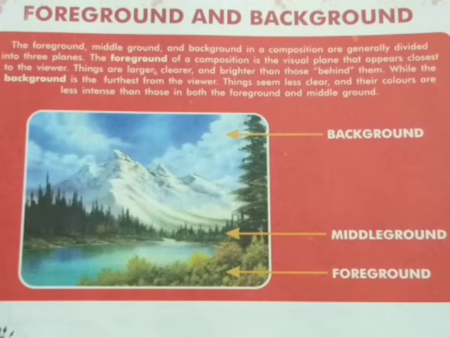Things are larger, clearer, and brighter than those behind them, while the background is the furthest from the viewer. Things seem less clear and their colors are less intense than those in both the foreground and the middle ground.